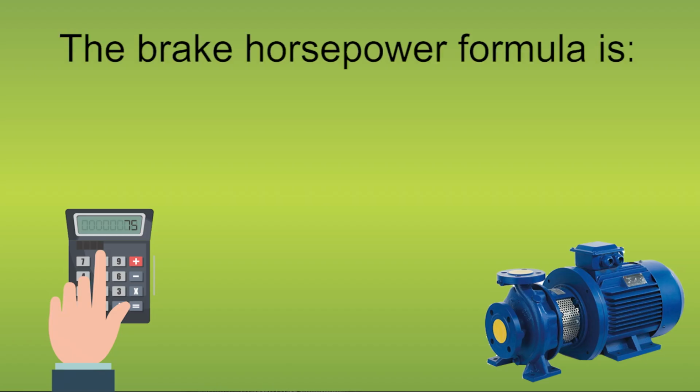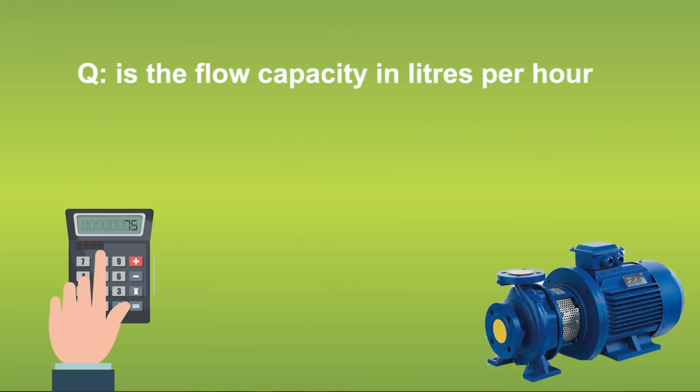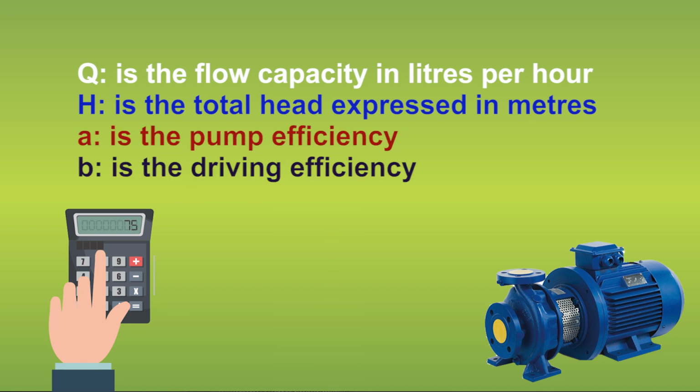The brake horsepower formula is HP = Q × H / (75 × A × B), where Q is the flow capacity in liters per hour, H is the total head expressed in meters, A is the pump efficiency and B is the driving efficiency.